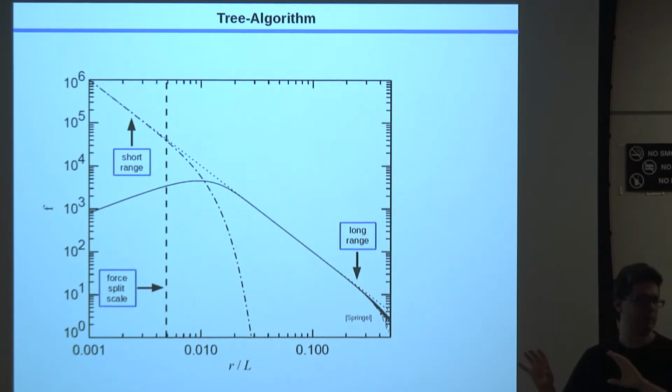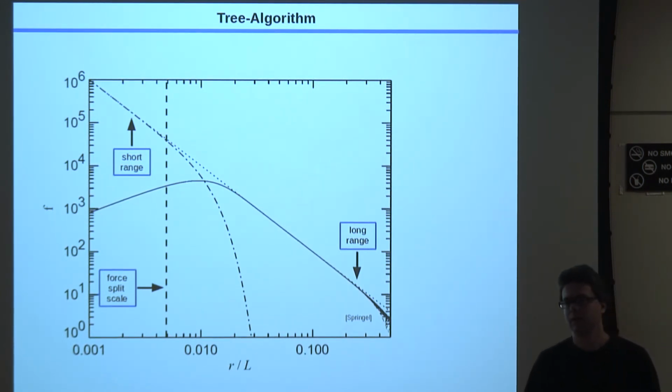If you increase the number of particles, you typically also increase the number of mesh cells. This RS is typically expressed in units of mesh cells, so if it's 5 RS or whatever you put there, it also gets smaller. If you increase the number of particles by 8, you typically increase the number of cells per dimension by 2. And then this is all self-consistently tracking each other without adapting anything else there.